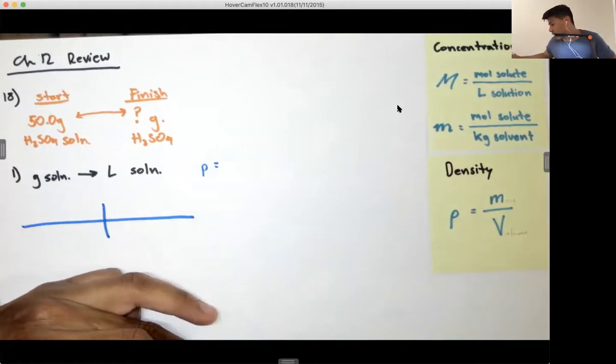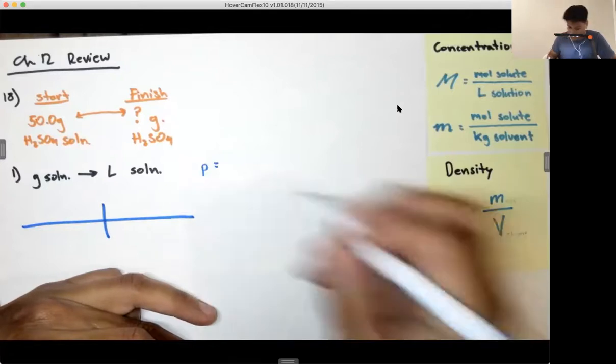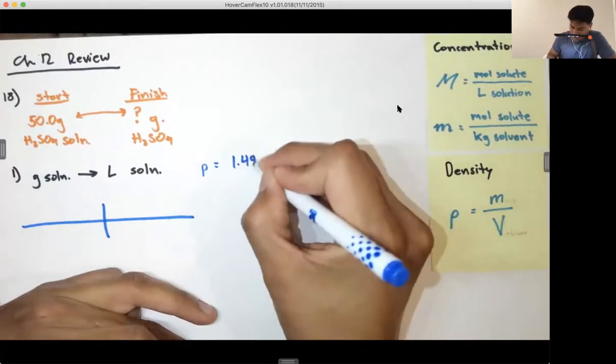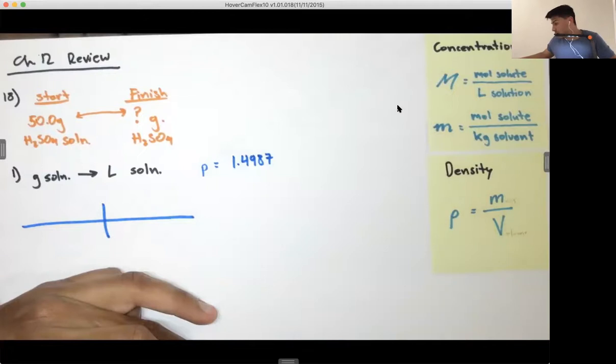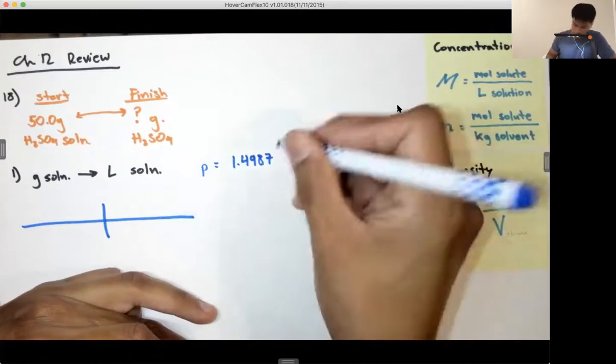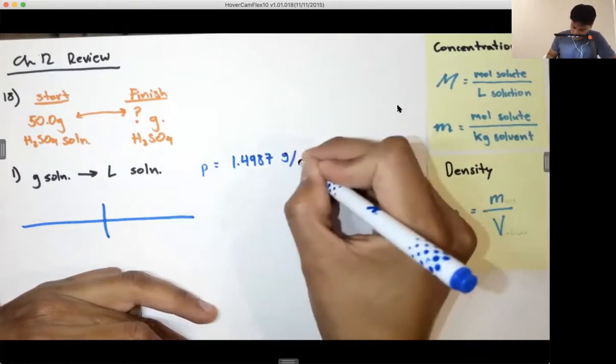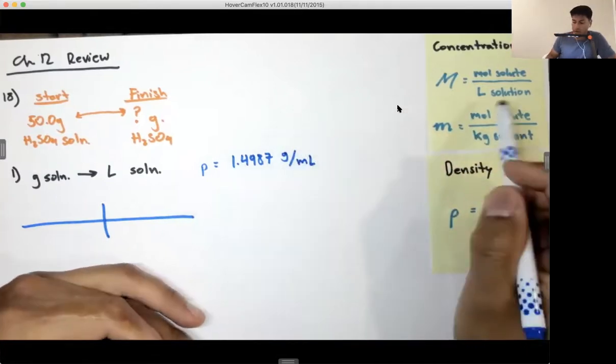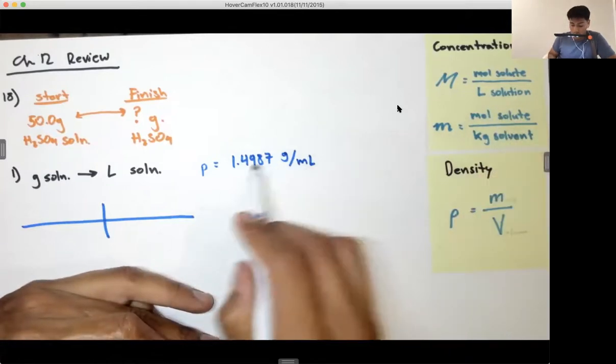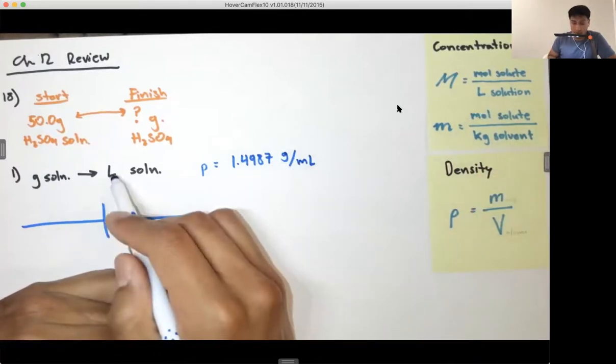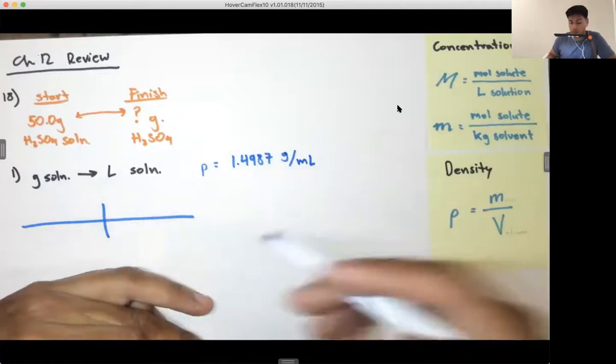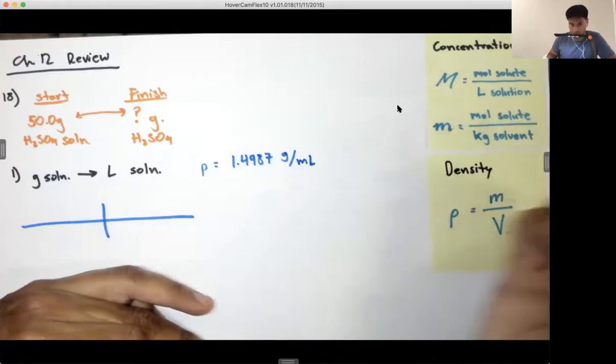It's 1.4987, and the units are important: grams per milliliter. We're going to use the density, but we'll also need to convert milliliters to liters.